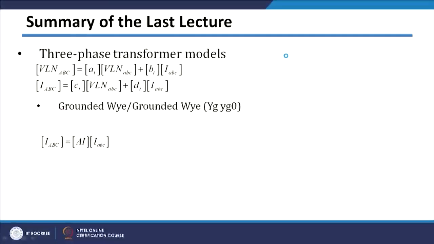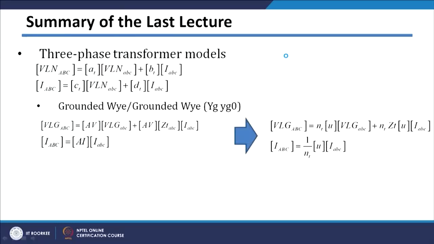Then we have seen the grounded Y by grounded Y connection in the last class. Before that, we have seen modeling of three-phase transformers, and we have seen that three-phase transformers can be modeled using ABCD parameters. Those are represented as A_T, B_T, C_T, D_T. These are the secondary terminals of the transformer, and these are the primary terminals. Here the voltages are V capital ABC, so here I can represent line to neutral voltages.